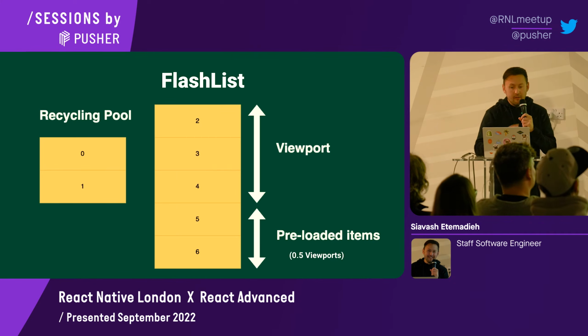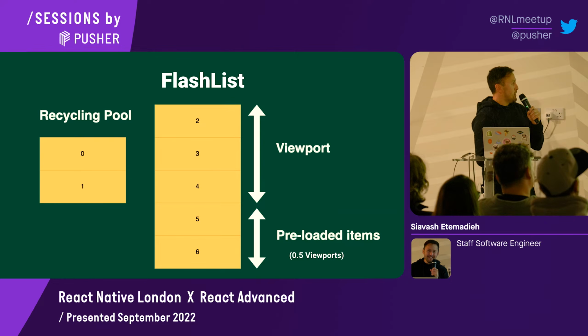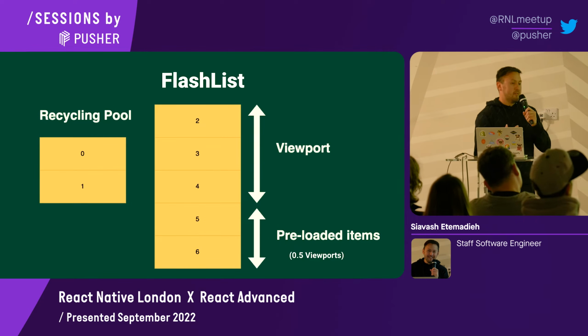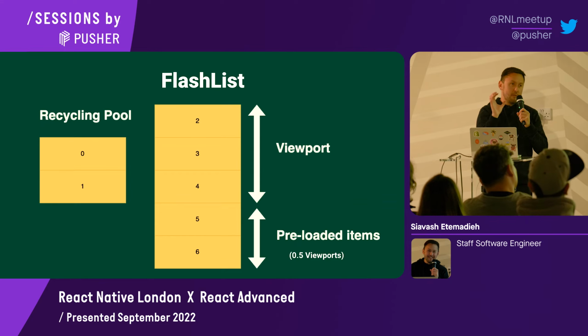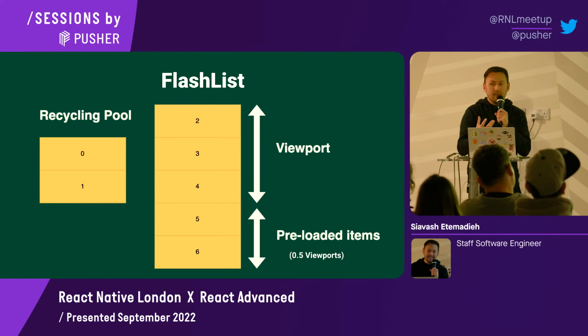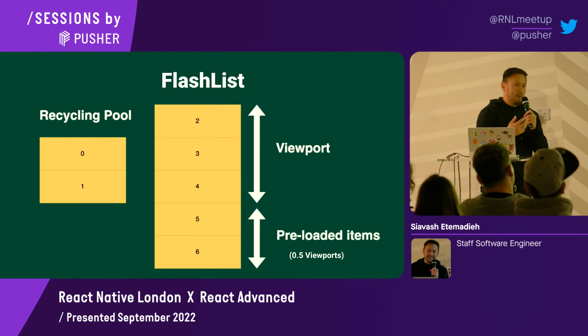Now, the way that FlashList works is we've introduced the concept of a recycler pool. And the way this works is when items leave the viewport, we don't destroy those cells. We put those cells into a recycler pool, and then as you scroll up, we take the cell from the recycler pool and just re-render your new content. So we're not creating and destroying objects all the time.